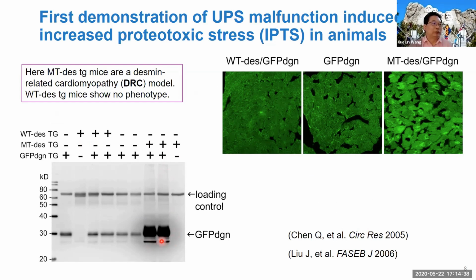When you co-express the GFP-dgn with a mutant desmin, a mutation linked to human desmin-related myopathy, you can see a huge accumulation of GFP-dgn, indicating UPS function is impaired or inadequate in this cardiac proteinopathy mouse heart. Overexpressing wild-type desmin didn't do that.